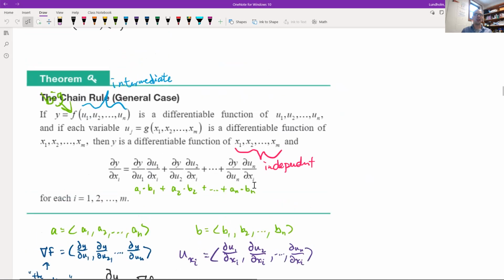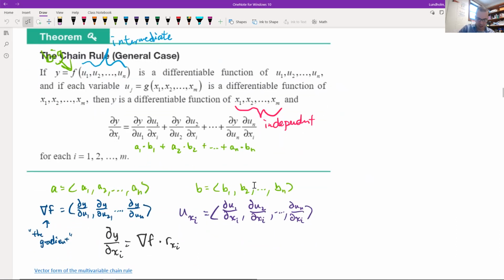All right, this is just what we just did, but on steroids, where we're allowed to use however many variables that we want for independent variables and however many variables we want for intermediate variables. So this is just ginormous. We've got n intermediate variables here.